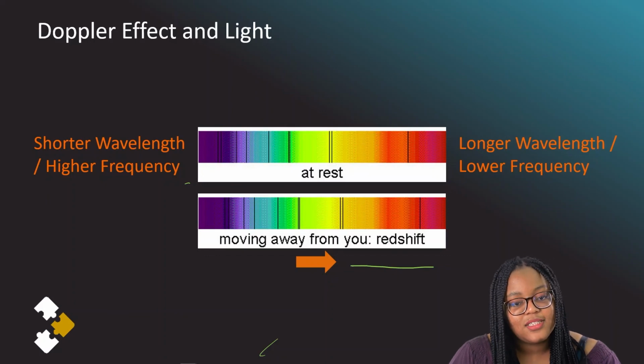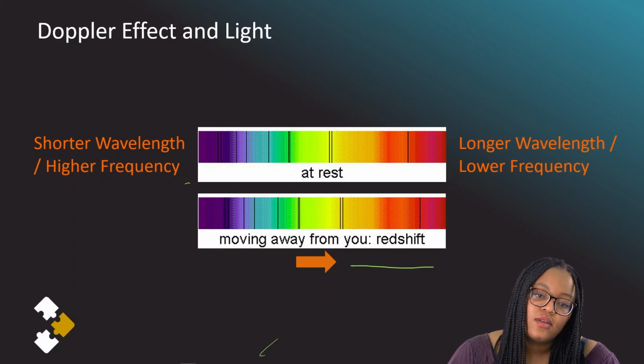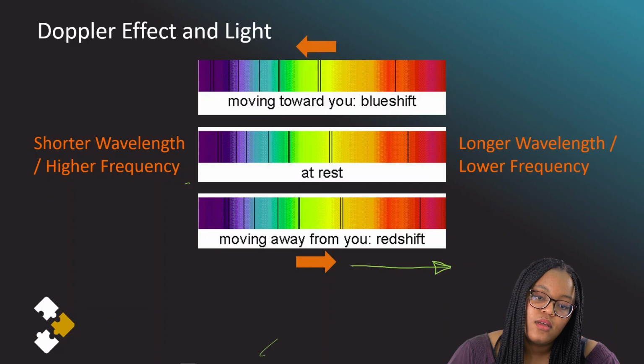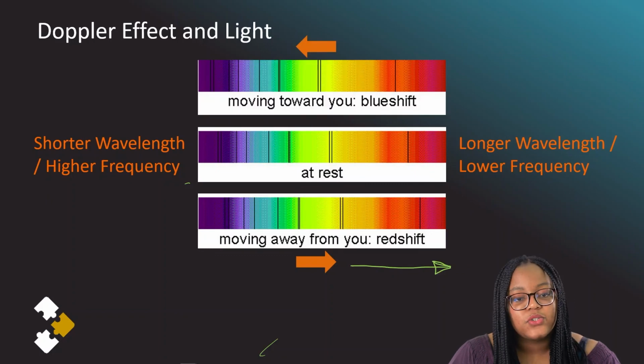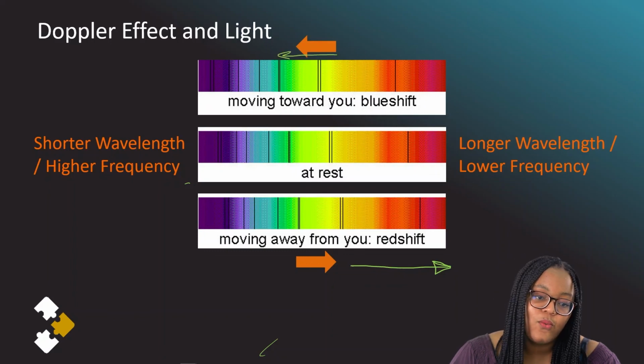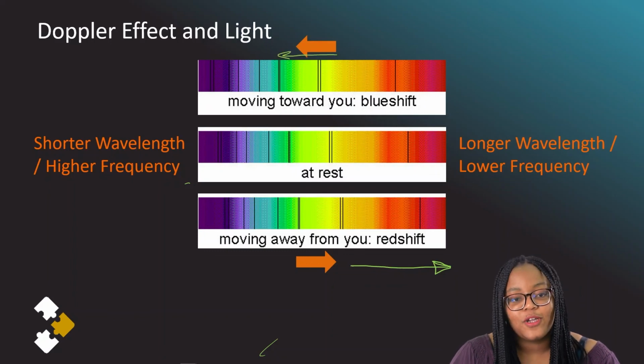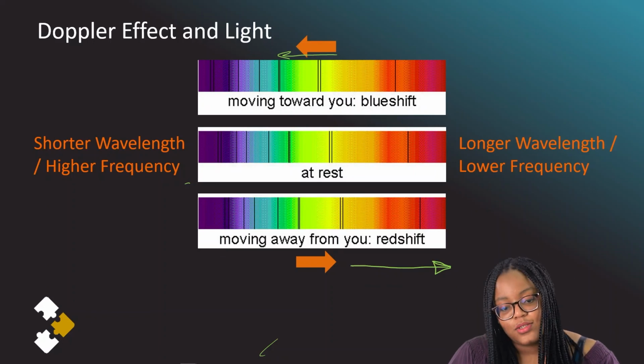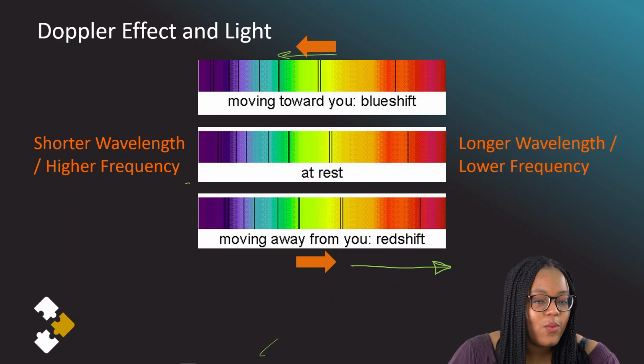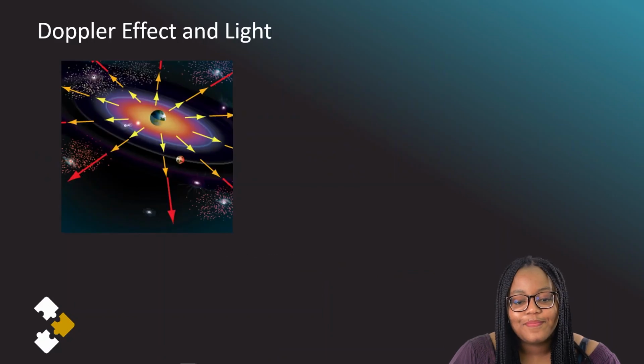Whereas, where light is moving towards you, you'll get a blue shift. And that is because the wavelengths are getting shorter and our frequencies are getting higher as the source of light moves towards you. So what is the relevance of that red shift, blue shift theory?